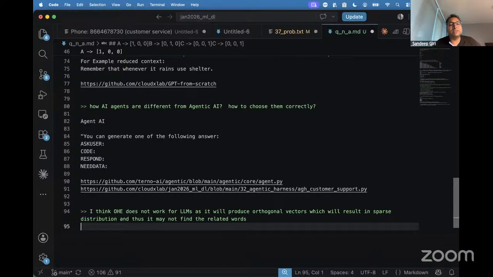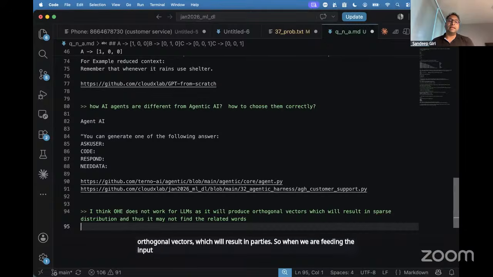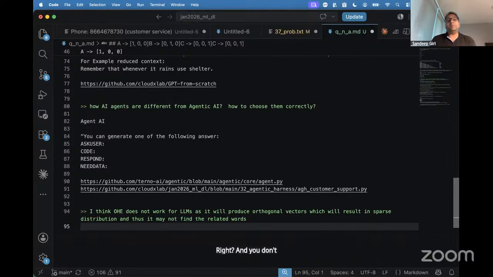I think OHE does not work for LLMs as it produces orthogonal vectors, which will result in sparse. So when we are feeding the inputs to the LLM, and you don't have an embedding model, people go for some form of one-hot encoding.